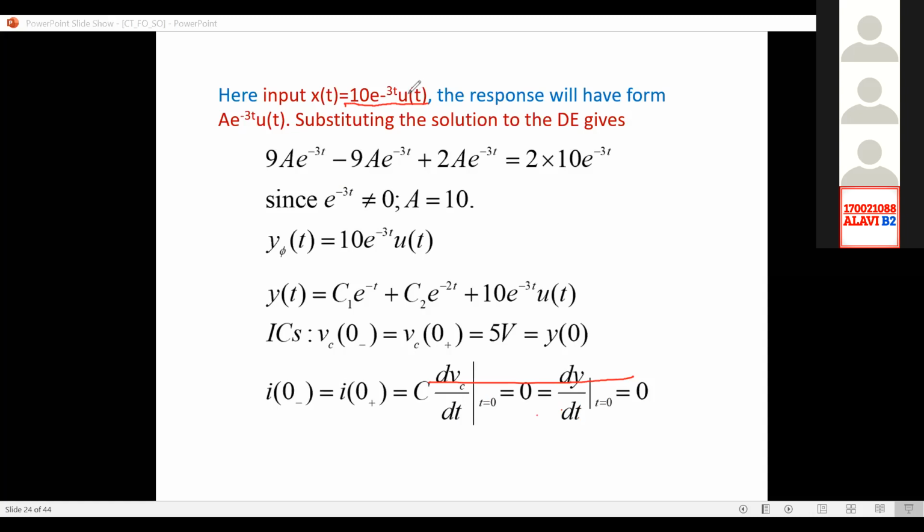This special issue is discussed in article 2.10.2. You go through Haykin's book to see what special issue is involved there. What is that special issue? If your input is of this type, exponential, and if this exponent is very similar to a characteristic root of your system, if this factor coincides with any one of the roots of your system, then you have to modify your solution.